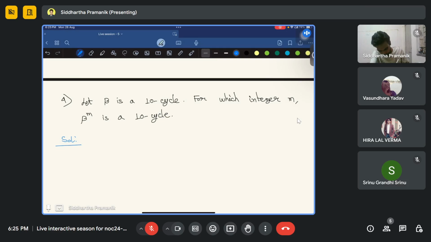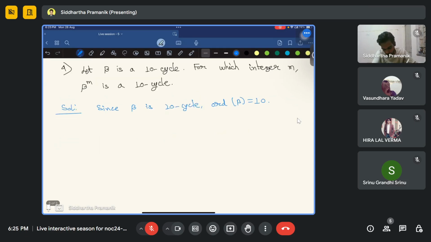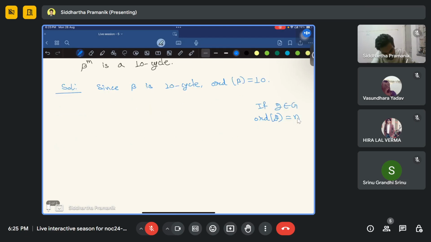So beta is a 10-cycle, right? So the order of beta is 10. We know that if g belongs to some group and the order of g is n, then we have seen how to find the order of g power m.